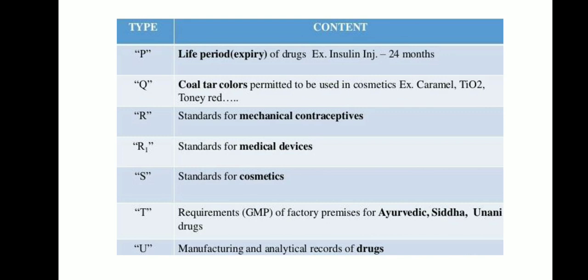Now we are moving to the next one, Schedule P. P for period, that is life period, that is expiry of drugs. Life period. Schedule Q. Q for coal tar colors that are permitted in cosmetics. They are the coal tar colors permitted to be used in cosmetics.